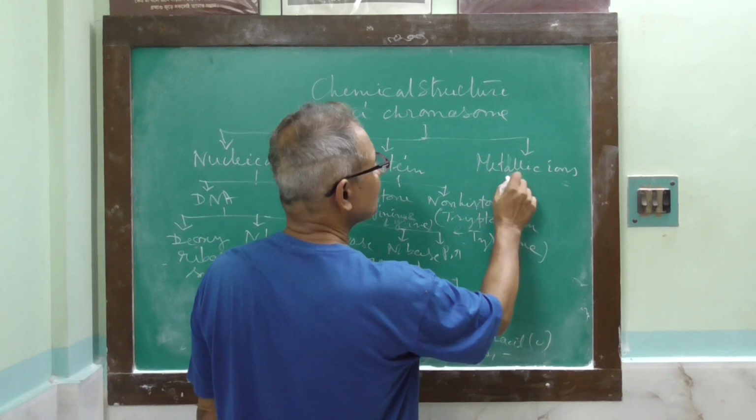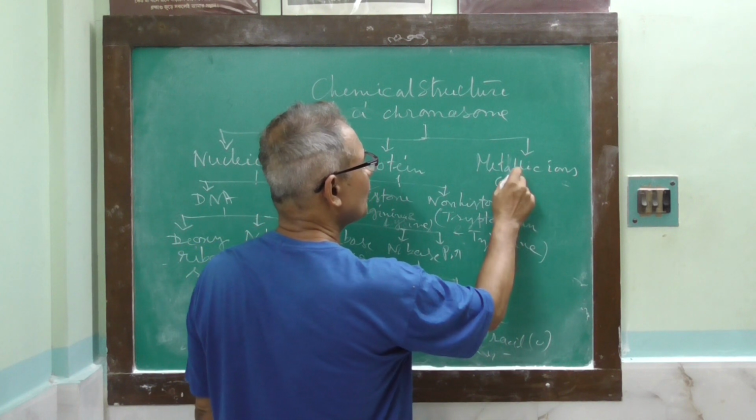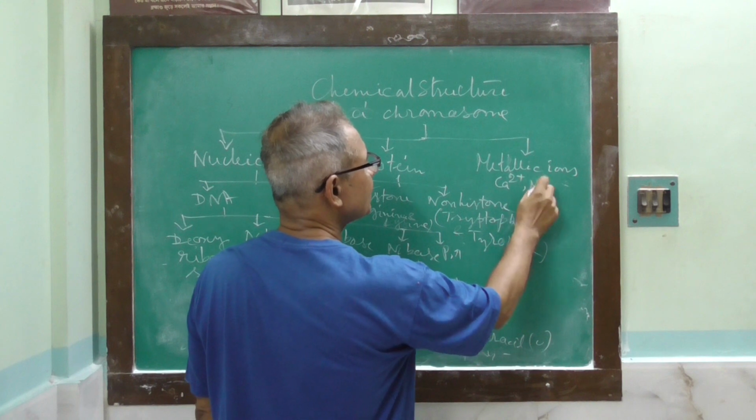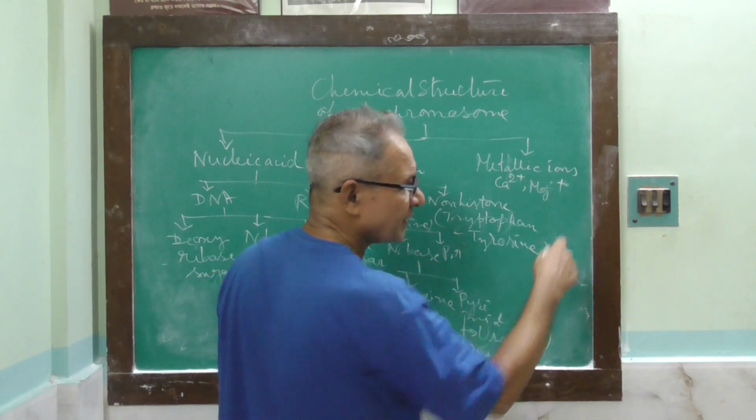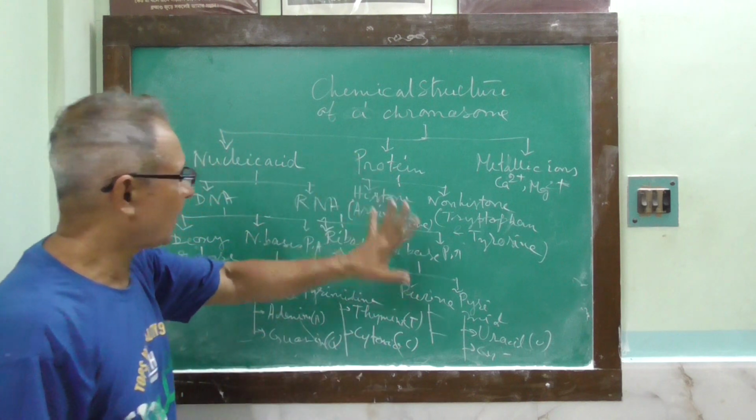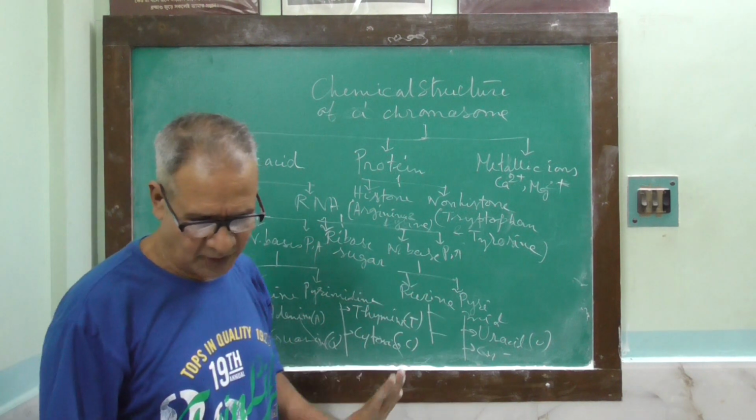And metallic ions like Ca2+, Mg2+, etc. It is the chemical structure of the chromosome.